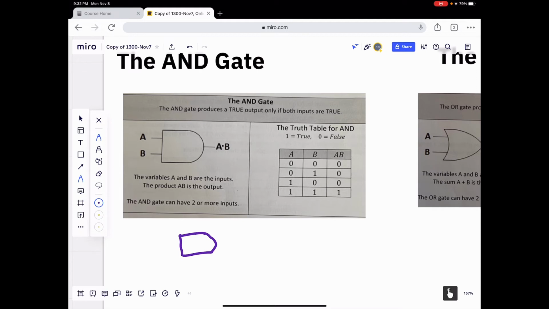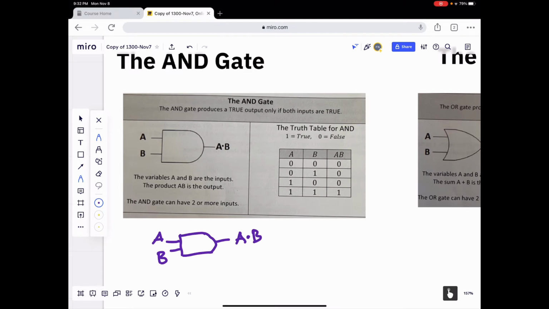When you have two inputs, A and B, the AND gate means A multiplied by B. So input A and input B gives output A times B. As you can see in the truth table, 0 times 0 equals 0, 0 times 1 equals 0, 1 times 0 equals 0, and 1 times 1 equals 1. True and true multiplied together equal true.